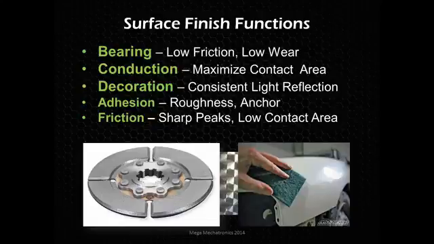And friction. What we want the surface finish to look like is to have sharp peaks and lower contact area. So in our little example here, we have a performance clutch plate that has been sintered. It started off as a metallic powder that was baked, and you see that surface is actually pretty rough. And that's going to create sharp peaks, those little granules of metal that went into the sintering process, and those peaks lower the contact area.